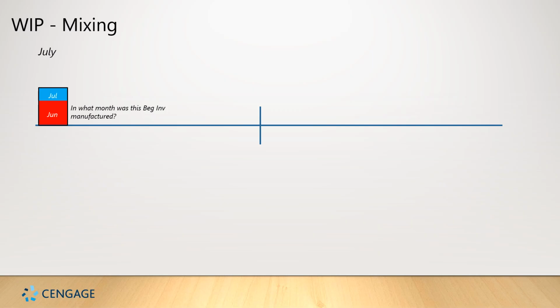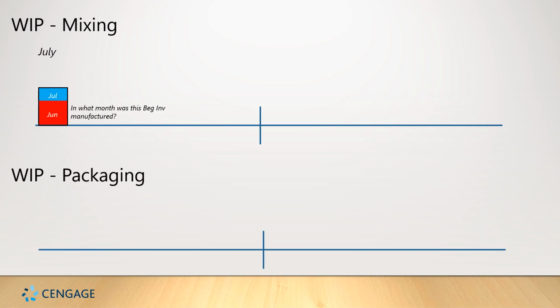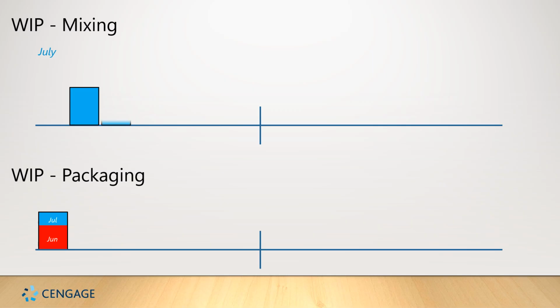Once we've finished beginning inventory, we can move it to packaging. With beginning inventory completed, we can then start on the first batch of ice cream for the current month.